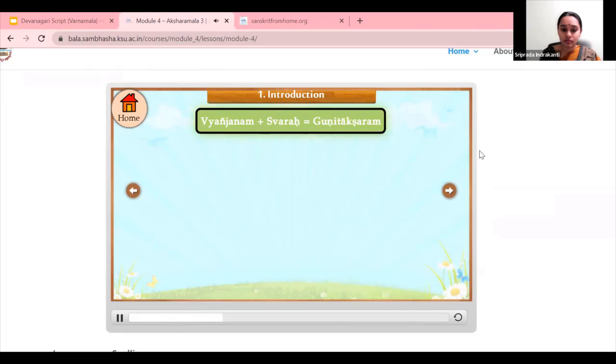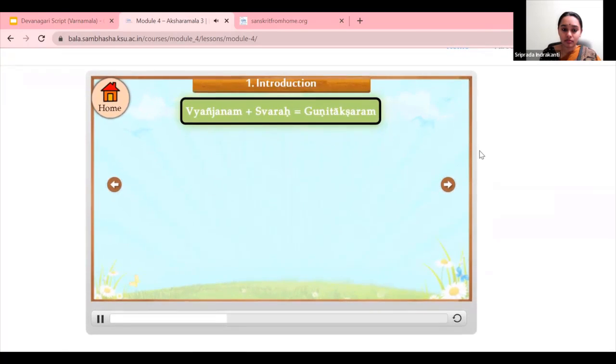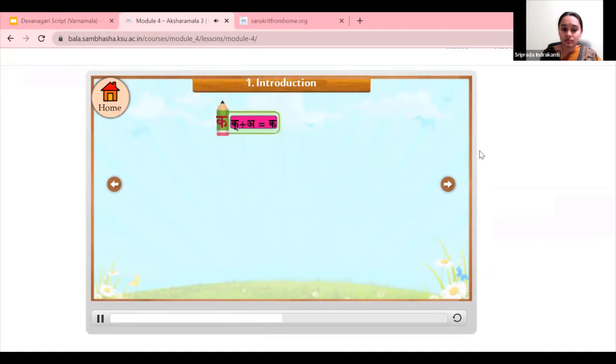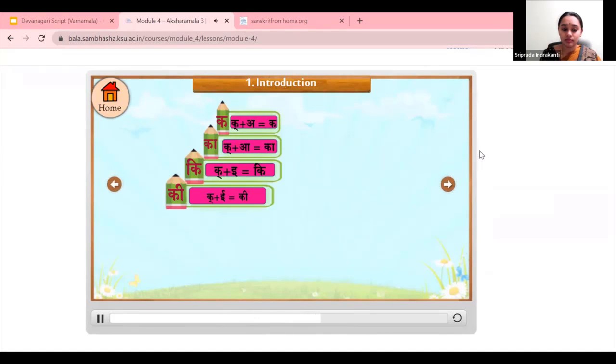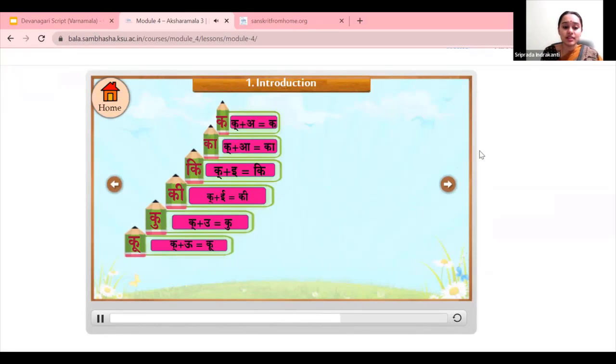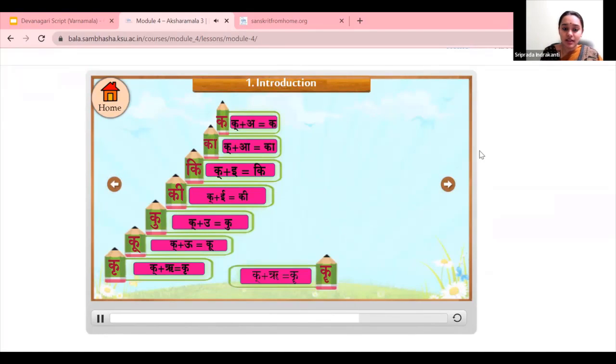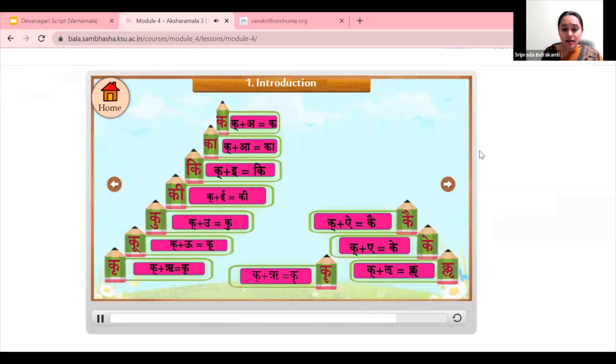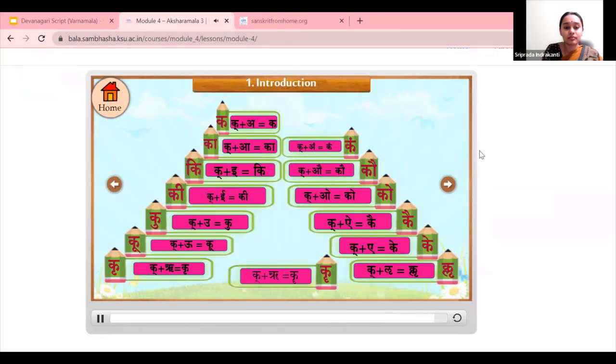Each vyanjana combines with different swaras to form a series of letters. For example, ka, kaa, ki, kee, ku. So we learned this in the last few classes about the Gunitaksharani series. So this is just a recap.